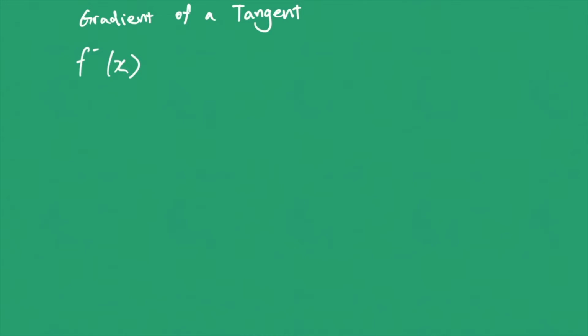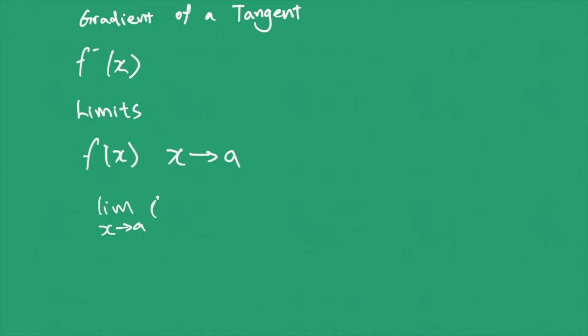So first of all, let me introduce you to an idea called limits. For example, for a function f(x), if x is getting towards a, the limit as x approaches a of that function would be a value that the whole function gets very close to.